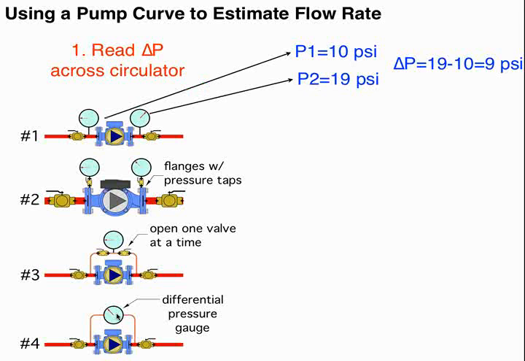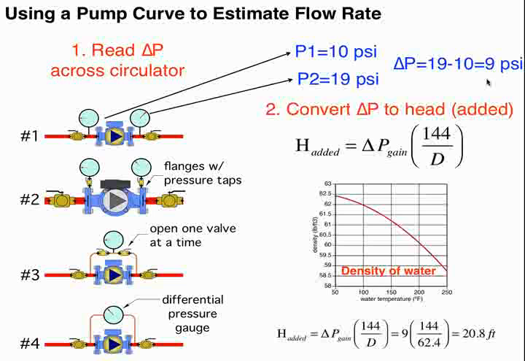Now, once you get that pressure reading, we need the delta P, or the differential pressure across that circulator. You take the pressure at the discharge minus the pressure at the inlet. So in this case, we have 9 psi. Then we have to convert that over to head. Remember that graph with pump curves on it is in head on the vertical axis, not differential pressure. So there's that formula.